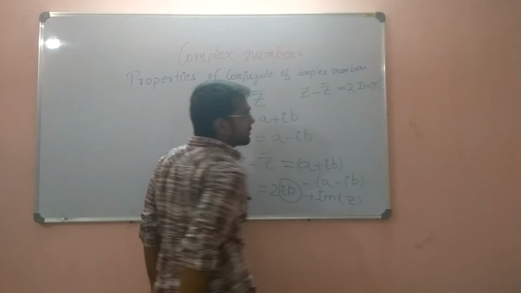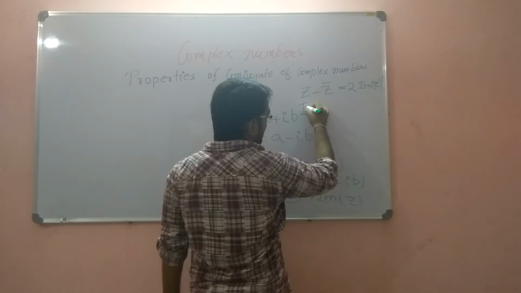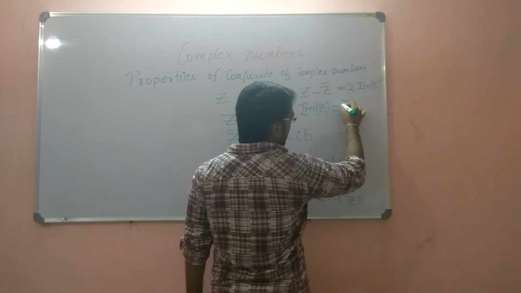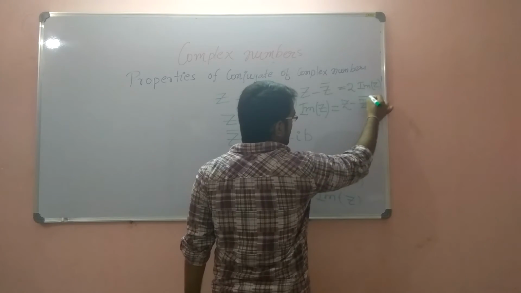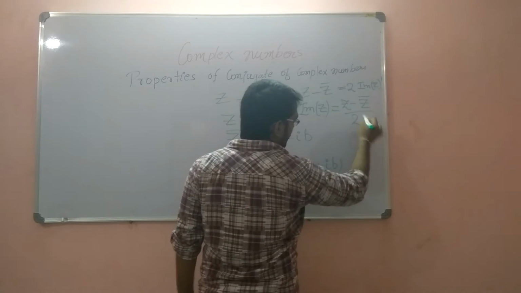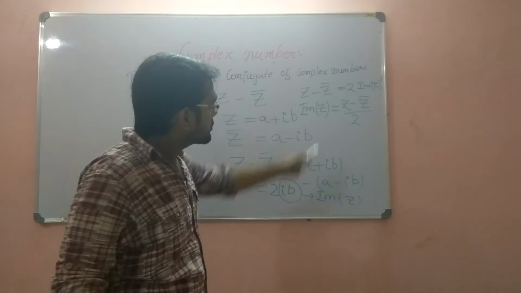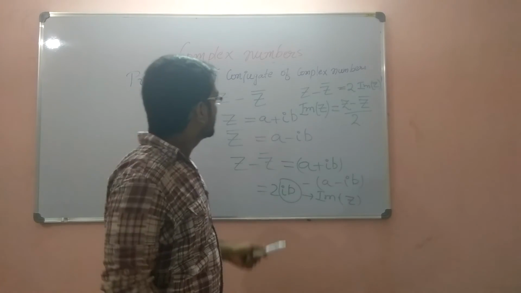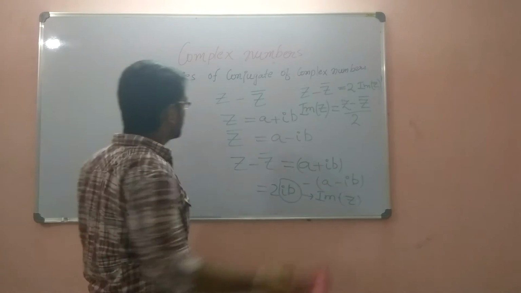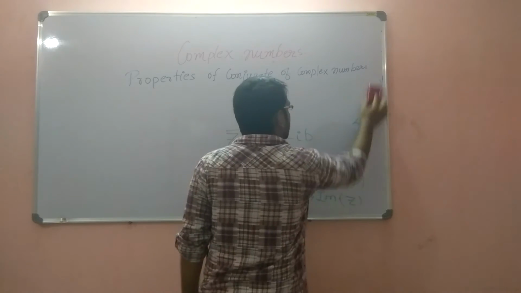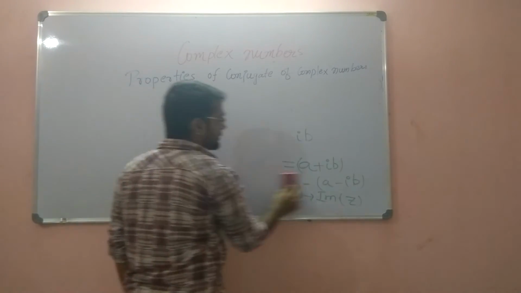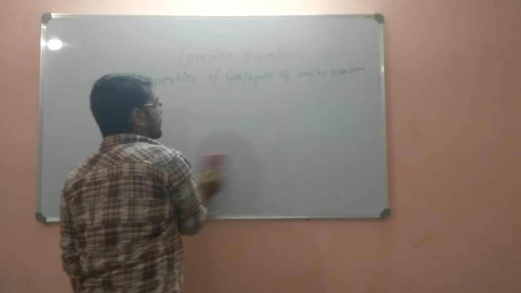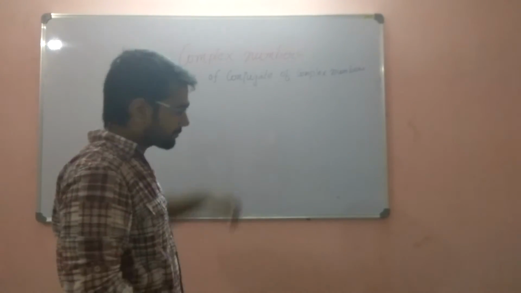So we can say the imaginary part of z equals z minus its conjugate divided by 2. Okay, so this is also an important formula that you get from the conjugate. So please remember all the formulas, all the properties and all the things that I told about the conjugate of complex numbers.